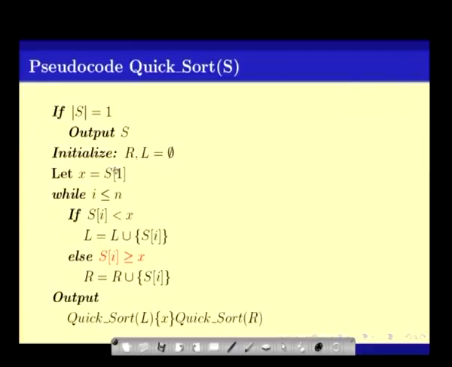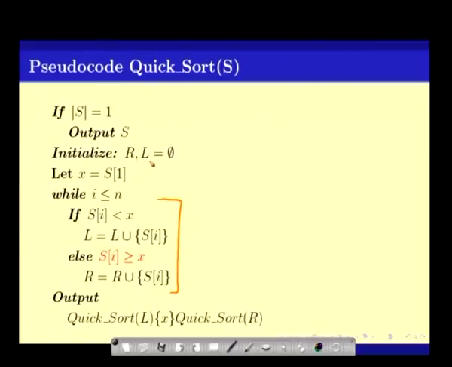We pick x to be the first element in this set S, and then this whole while loop is going through this whole list of elements in S and finding out which element should go to the right and which element should go to the left.